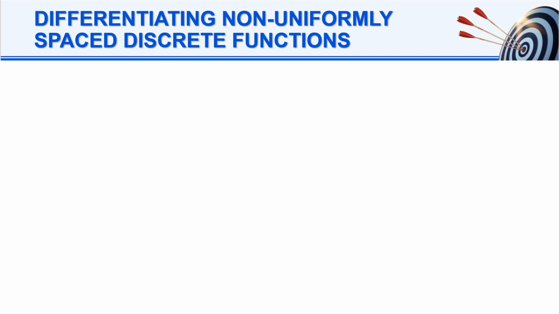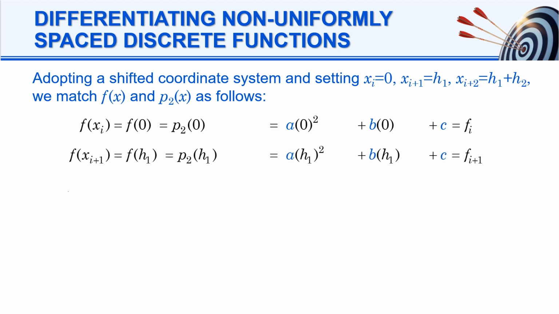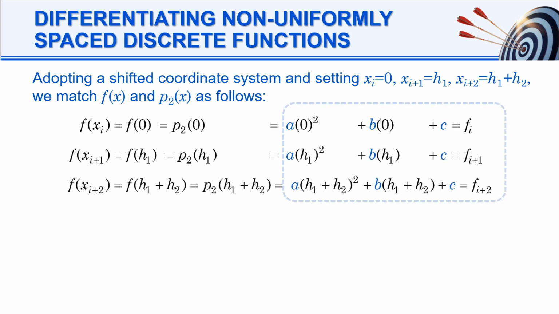Adopting a shifted coordinate system and setting xi equals 0, xi plus 1 equals h1, xi plus 2 equals h1 plus h2, we match f(x) and the parabola as follows, which yields a 3 by 3 system of linear equations. The solution of this system gives the coefficients of the parabola.